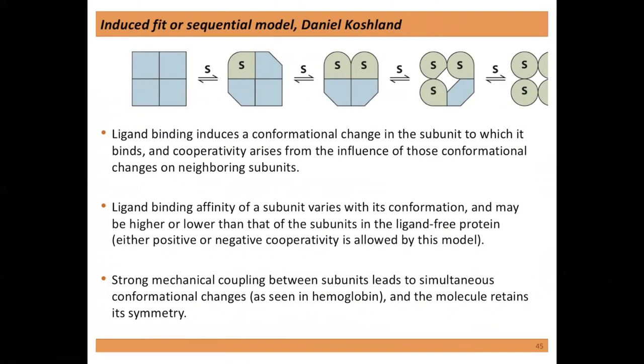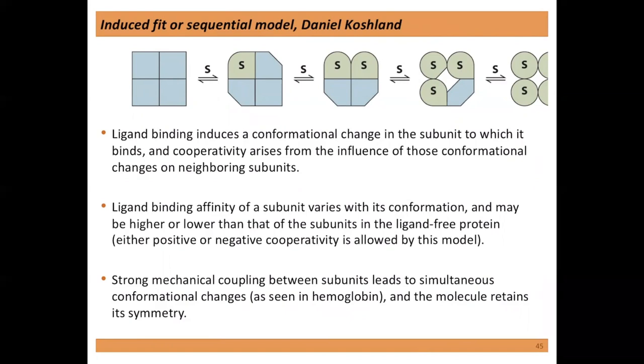And that's going to make it easier or harder, but in the case of hemoglobin, make it easier for the second one to bind. And once that second one binds, it's going to have an impact on the adjacent ones, and then that makes it easier for the substrate to bind. And so this is what's referred to as the induced fit or the sequential. So every time you add one, it allows the next one to be more easily added.